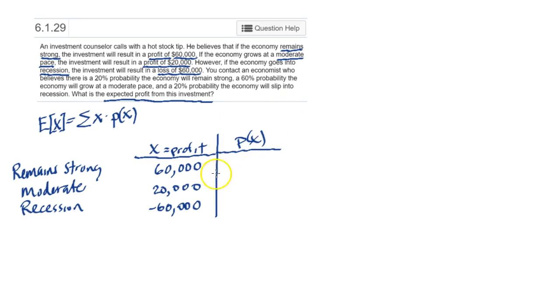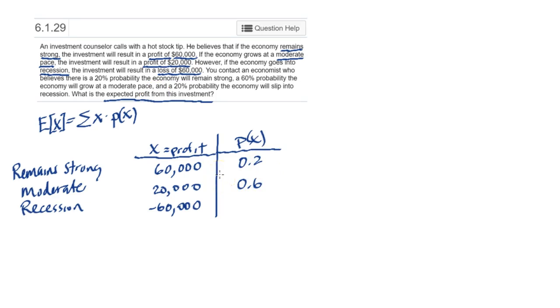So we have the probability of having a remain strong: 20% probability the economy remains strong. So put it in decimal form, 0.2. And then 60% probability the economy will grow at a moderate pace. So moderate is 0.6.